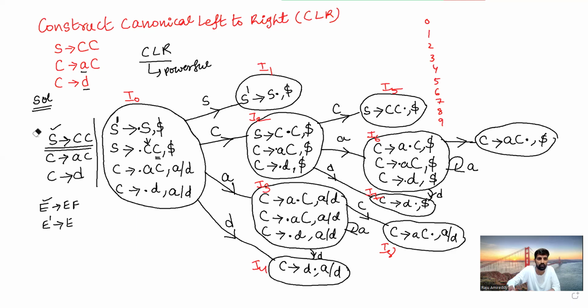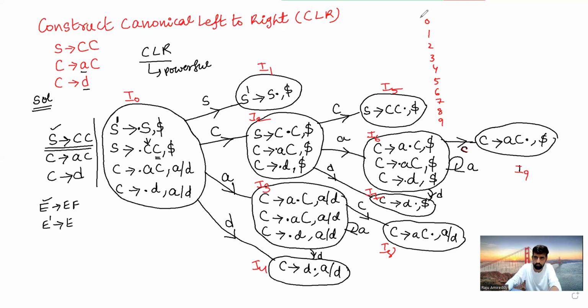Now, next what we have to do? So this is for capital C. It is the I9. So we need to write all the values here after completion of this production.